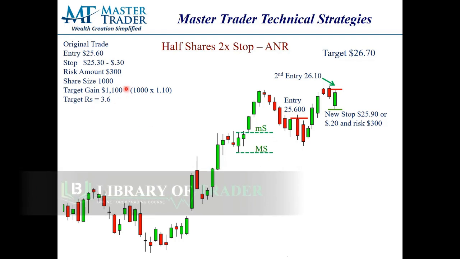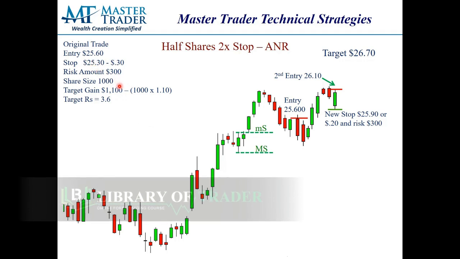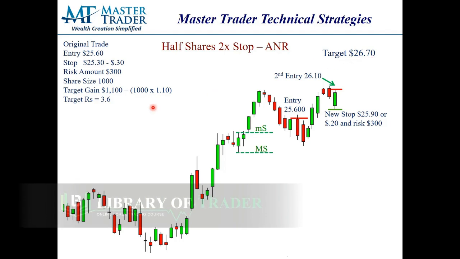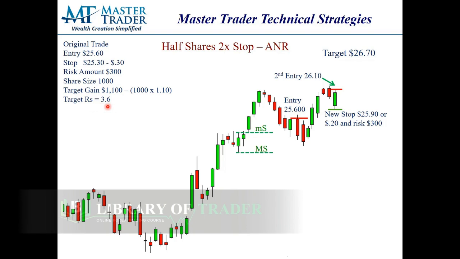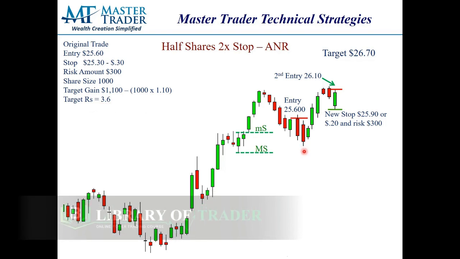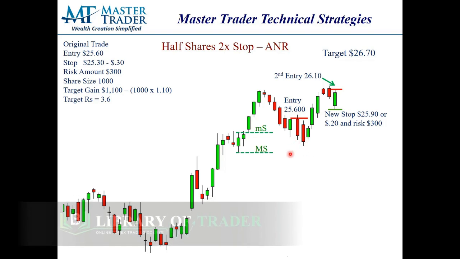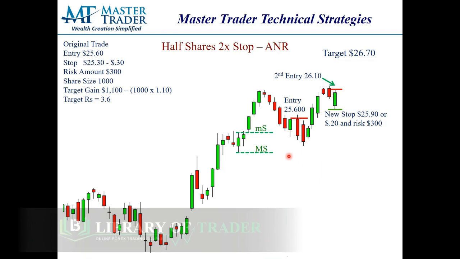So here's our first setup as we reviewed: entry, stop, risk, share size, target gain. If we hit the target with those shares, it's 3.6 R, or risk to reward. So as it dipped down, and here we're in what I like to call intelligent hope mode, meaning I intelligently calculated my risk and gave it extra room.